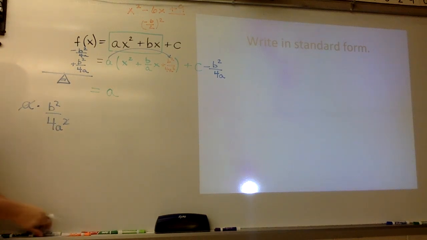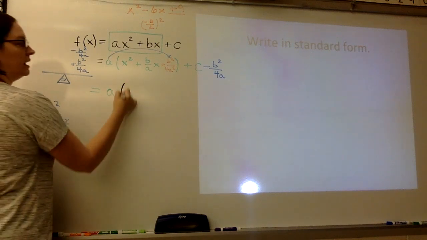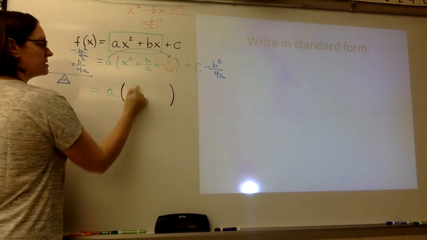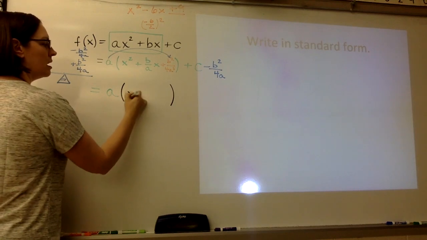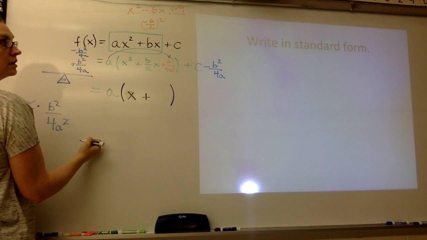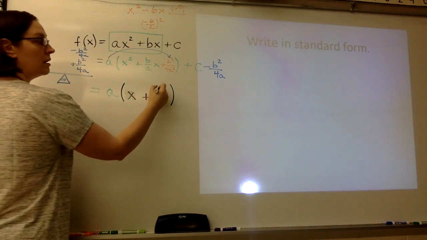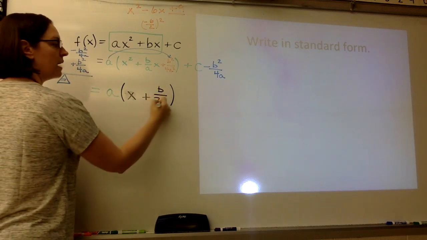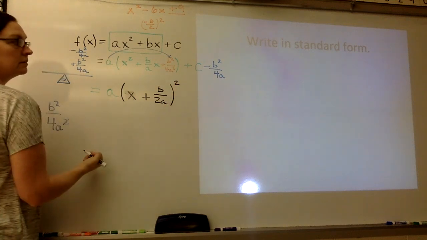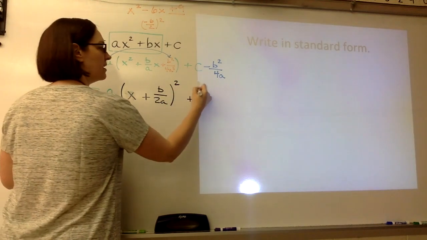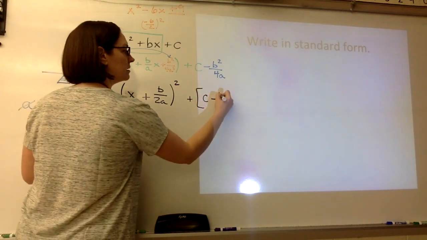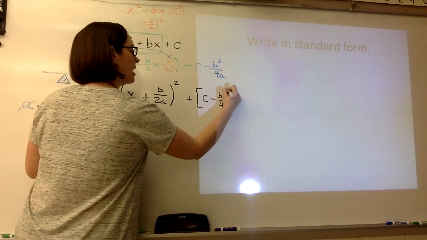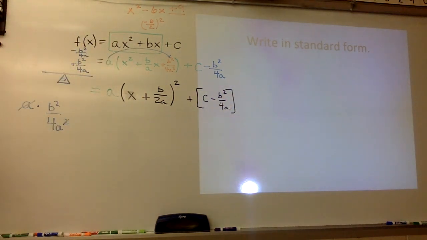In the middle, in here, I'm going to get plus b over 2a squared, plus, and then down here, this is like a combined. You're going to say, oh my gosh, that looks really weird.